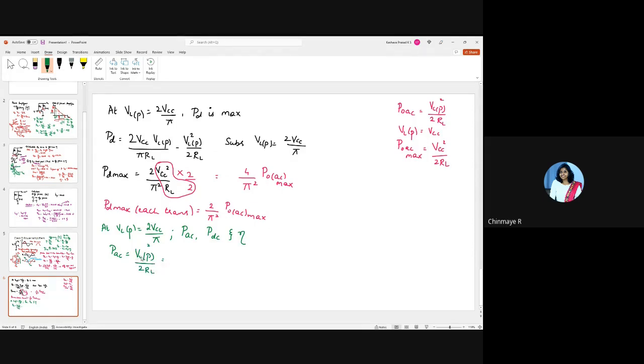So PAC is VL of P the whole squared by 2RL. For VL of P, you substitute 2 VCC by pi. And tell me, what do you get?